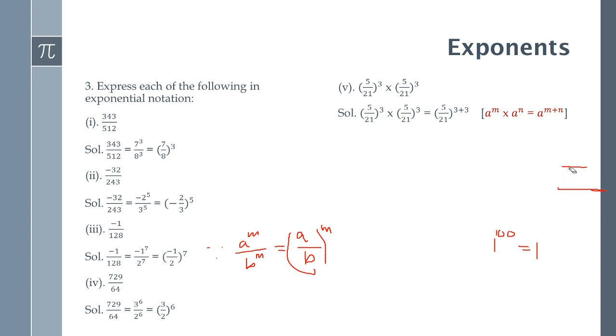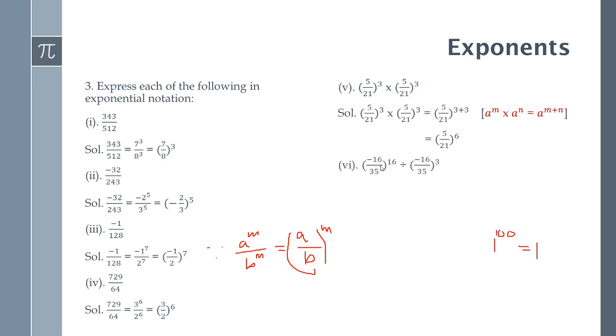Now see here, we have 5 by 21 to the power of 3 into 5 by 21 to the power of 3. Now a to the power of m into a to the power of n is equal to a to the power of m plus n. Means the bases are the same, so the powers should be added when it is multiplication. So 5 by 21 to the power of 3 plus 3, that is nothing but 5 by 21 to the power of 6.